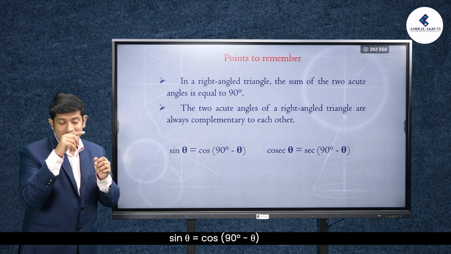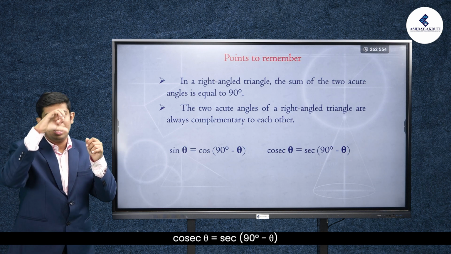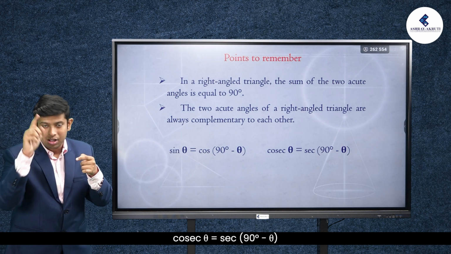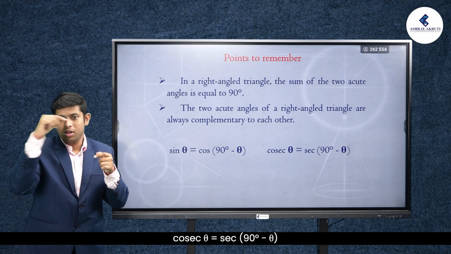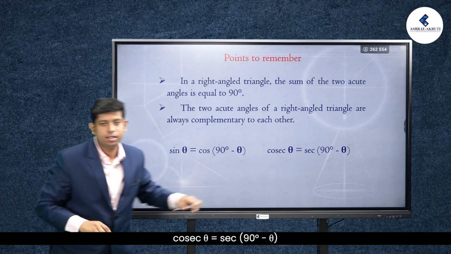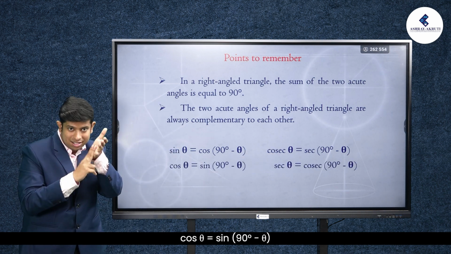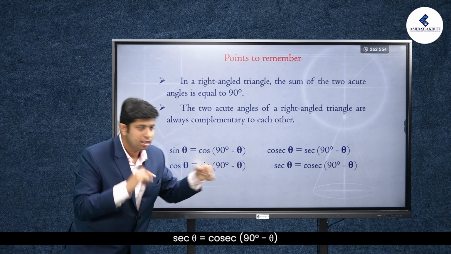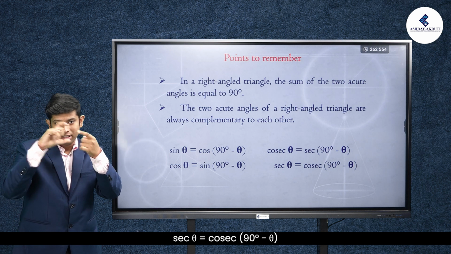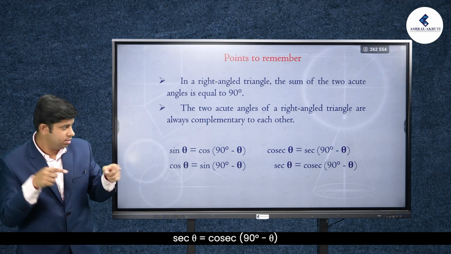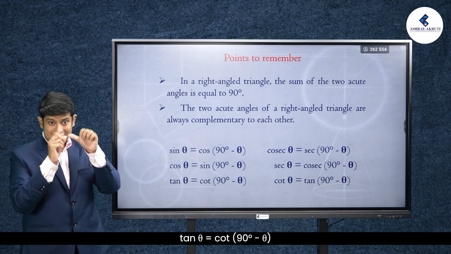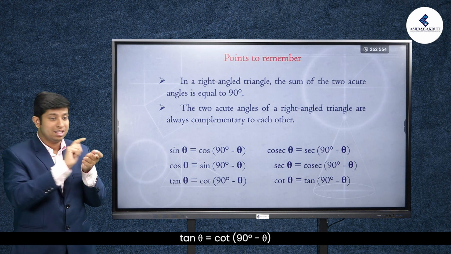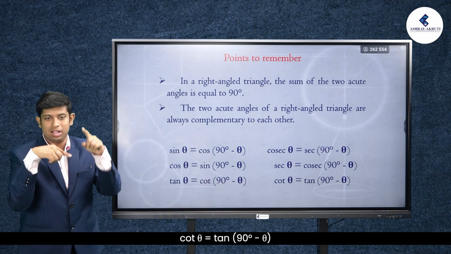Sin theta is equal to cos 90 minus theta, cosecant theta is equal to secant 90 minus theta, cos theta is equal to sin 90 minus theta, secant theta is equal to cosecant 90 minus theta, tan theta is equal to cot 90 minus theta, cot theta is equal to tan 90 minus theta.